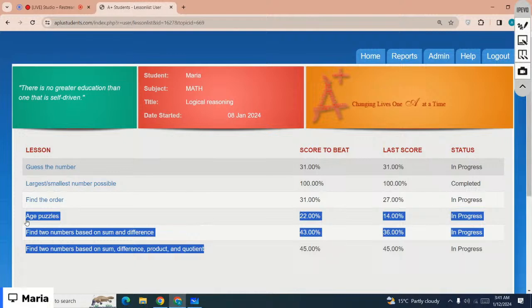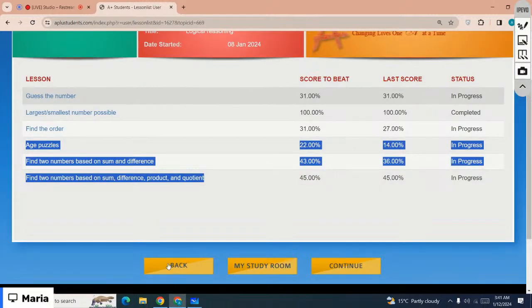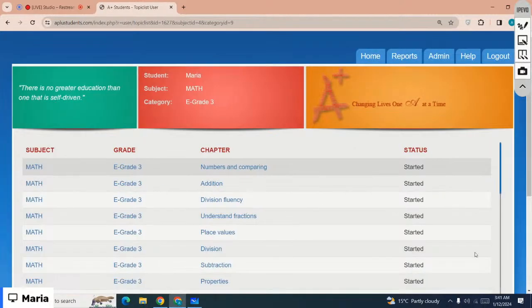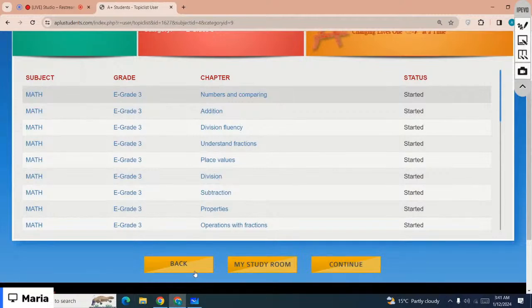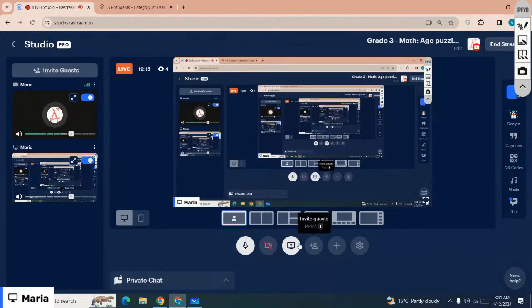So, please make sure before the next session you complete all the practice questions for the lessons we did today. If you need more help with any of the lessons, you can contact any tutor on Skype. They are available from Monday to Friday, 5 to 9. Or you can join me in the interactive session, daily from 4 to 5 and from 9 to 10. If you have any questions related to the lesson we have just finished, you can ask.